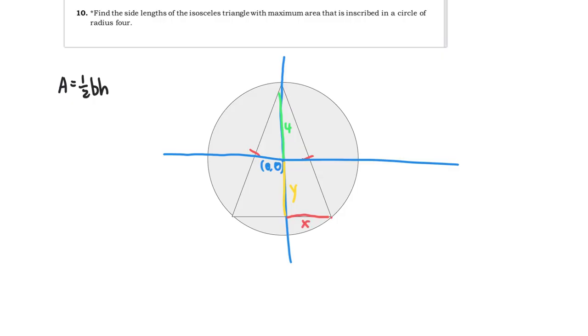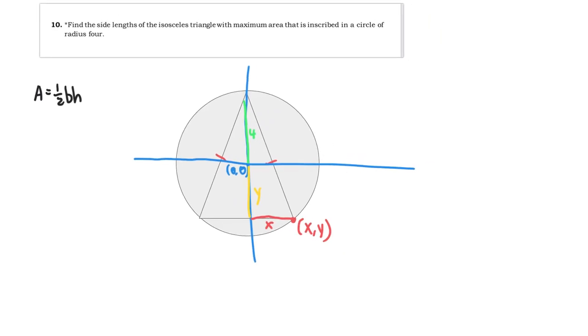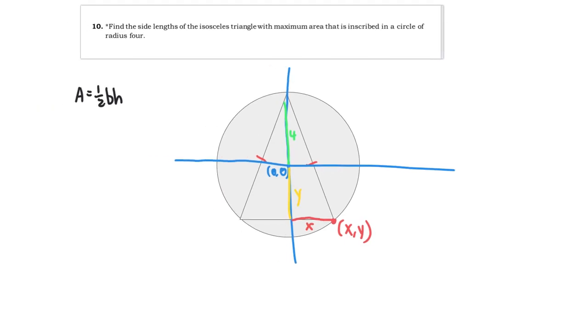Okay, and this is x comma y. All right. Now, let's be very clear. The triangle area is without question the following. It's going to be 1/2 times the base, which is 2x. Hopefully that's clear, right? And 4 plus y.